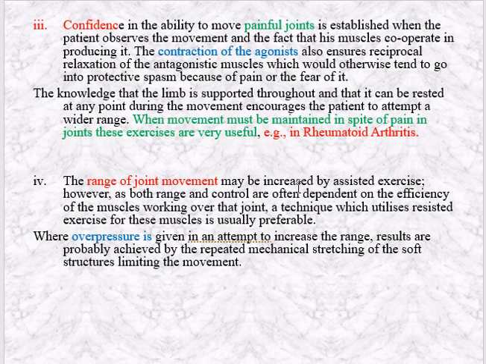The range of joint movement may be increased by these exercises, however, as both range and control often depend upon the efficiency of the muscles working over these joints, a technique which will utilize resisted exercise with these muscles is really preferable. When overpressure is given in an attempt to increase the range, results are probably achieved by the repeated mechanical stretching of the soft structures limiting the movement.